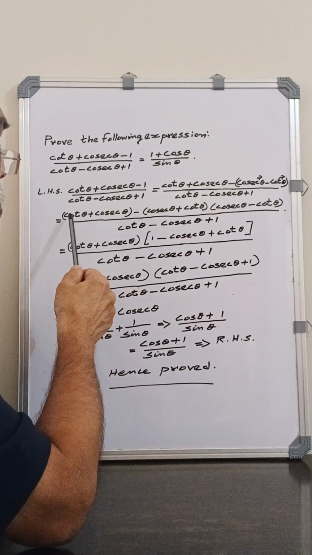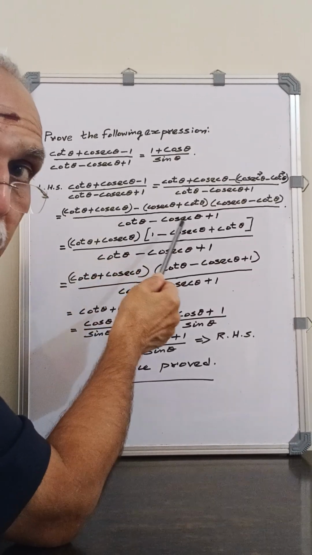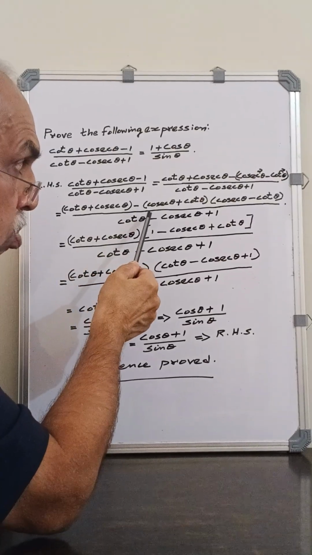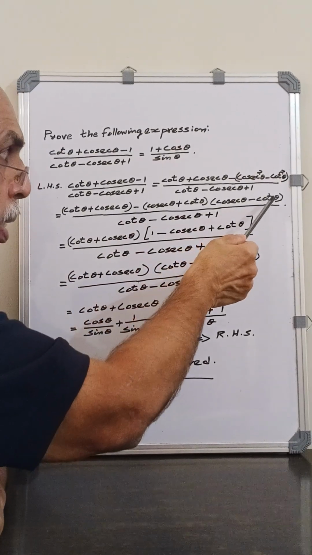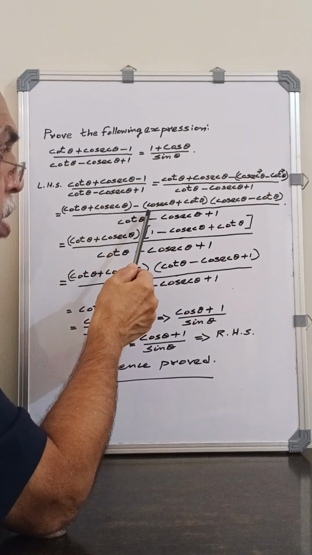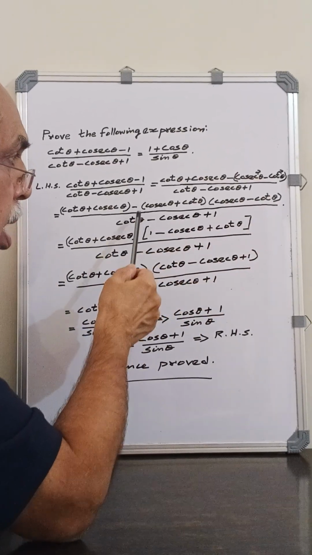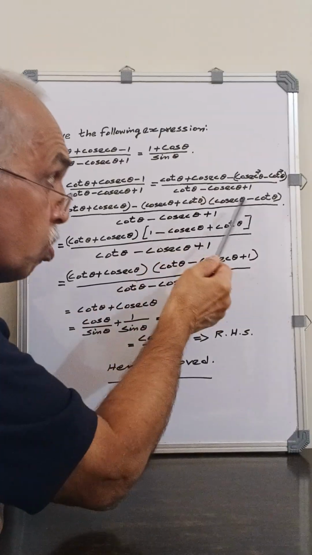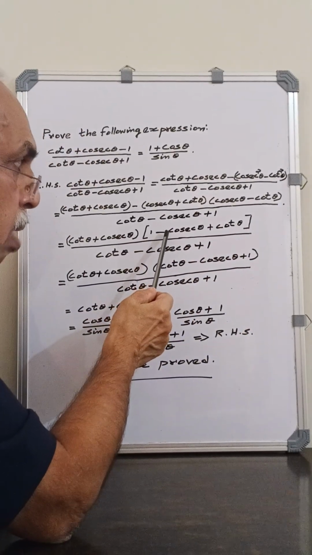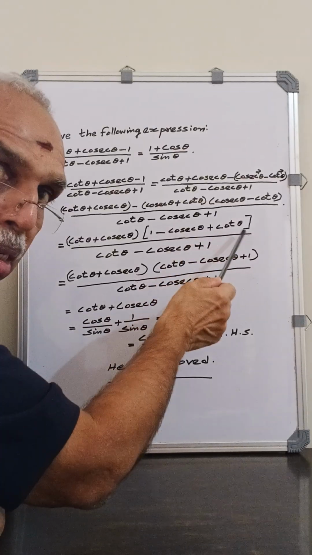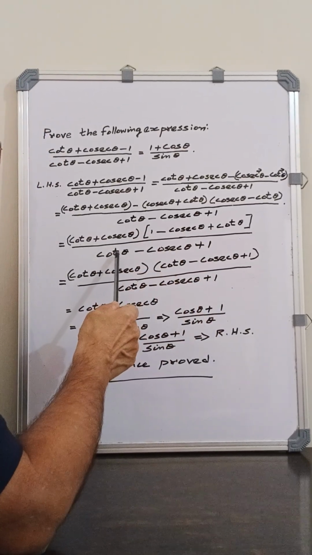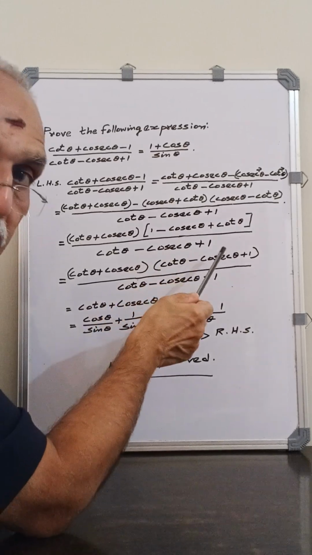Here remains 1 minus of cosec theta minus cot theta. 1 minus of cosec theta minus cot theta is 1 minus cosec theta plus cot theta. That is 1 minus cosec theta plus cot theta by cot theta minus cosec theta plus 1.